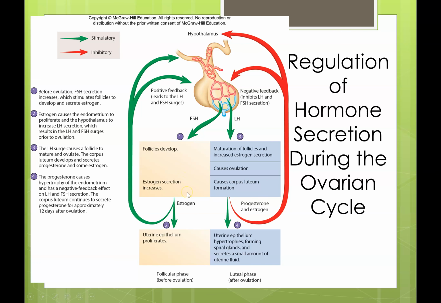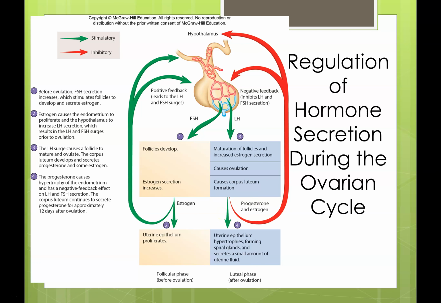Estrogen is going to cause our endometrium to proliferate and our hypothalamus to increase the LH secretion, which will result in our LH and FSH surges just before ovulation. When we have our LH surge, the follicle is going to mature and then release that oocyte, and the corpus luteum is going to develop and secrete that progesterone and estrogen that we mentioned in the slide before.